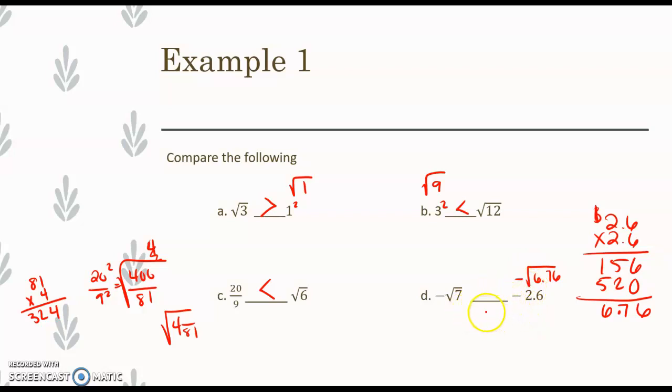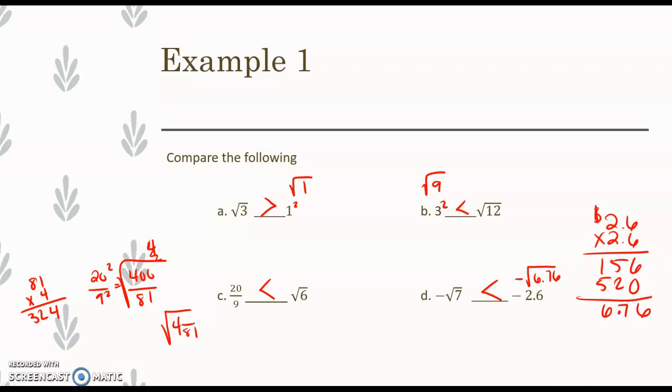Now, we have to be careful because these are negative. And because they're negative, the bigger the number, the smaller it actually is. So on this one, even though 7 is bigger than 6.76, negative 6.76 is greater than negative square root of 7. So the negative square root of 7 is less than negative 2.6. And that's how we compare.